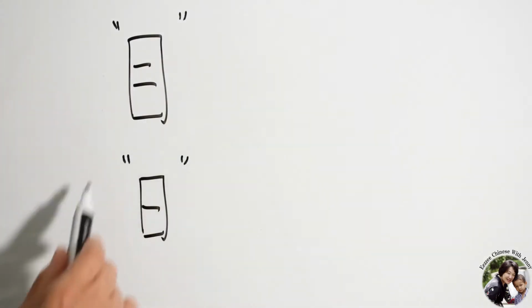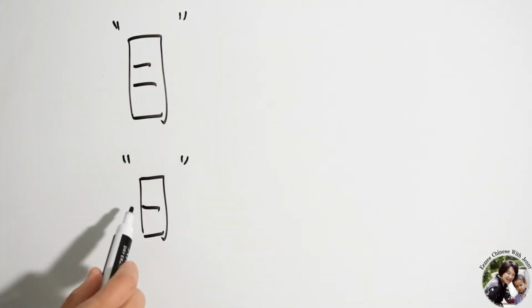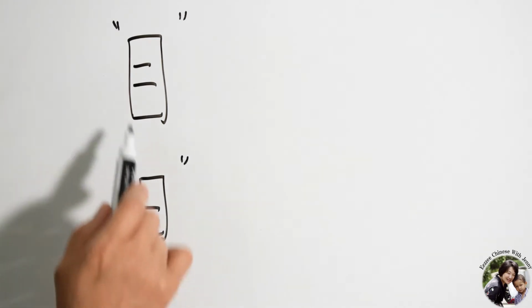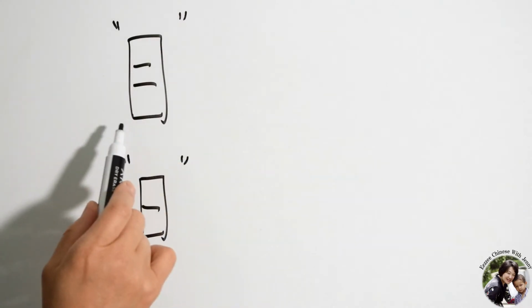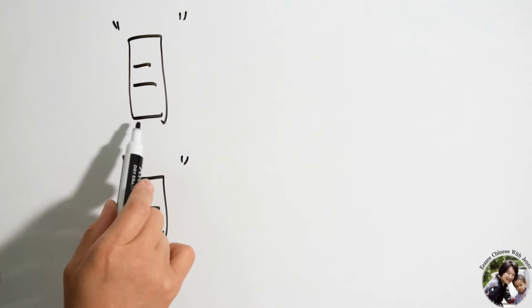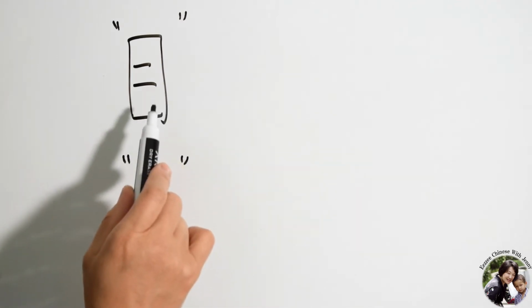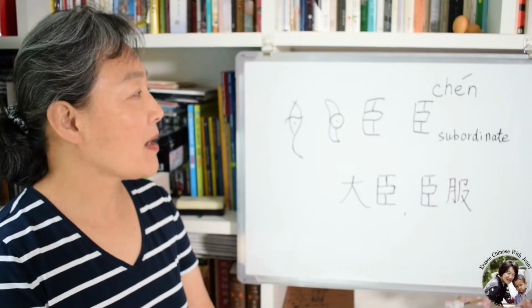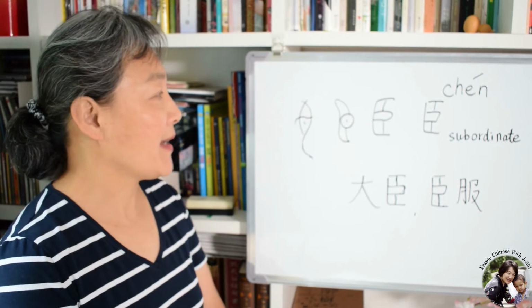Remember this 日, the sun, is a radical for many characters related to the sun. Same thing for this mu, eye, it is also a radical for many characters related to the eye, or your sight.